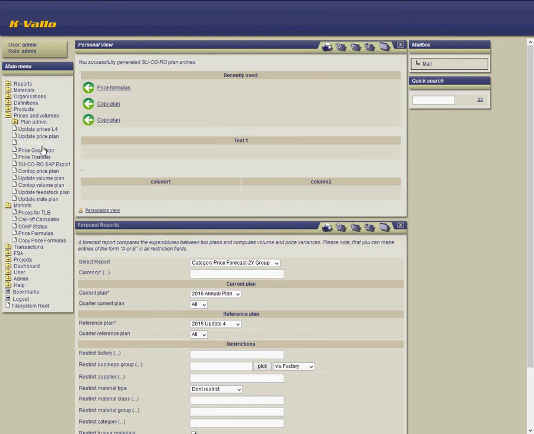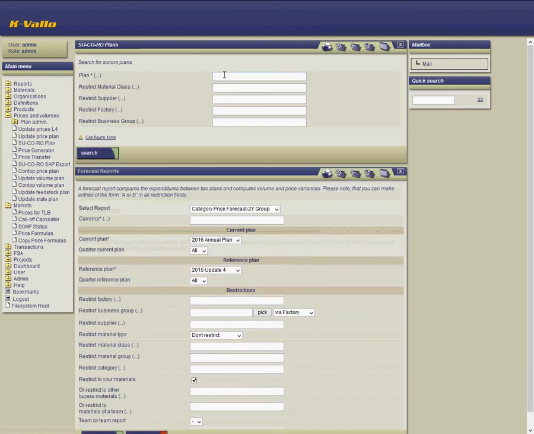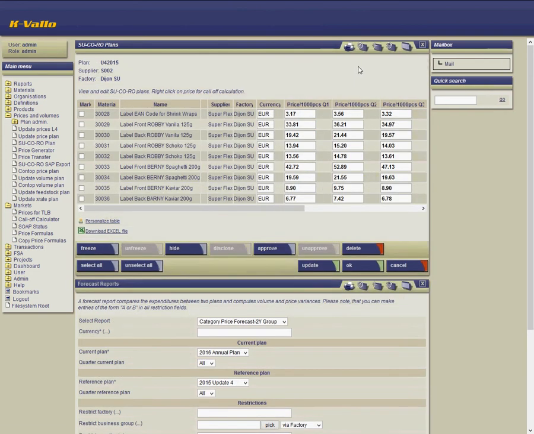And we have a look at the SO2 plan, setup, change overall on plan. We restrict that to the supplier and you can see here the lowered prices versus the other ones which have been a copy of 2014.